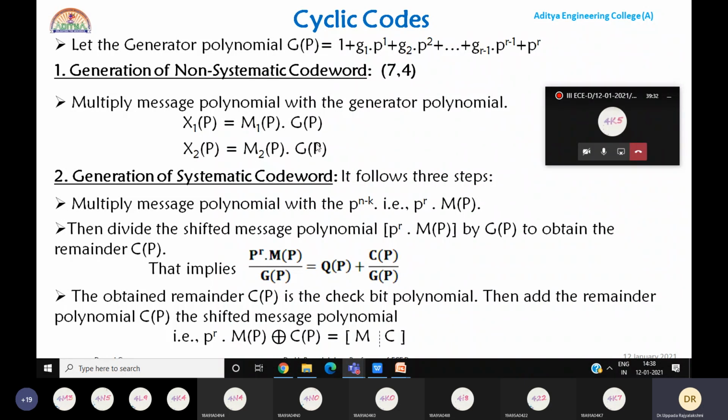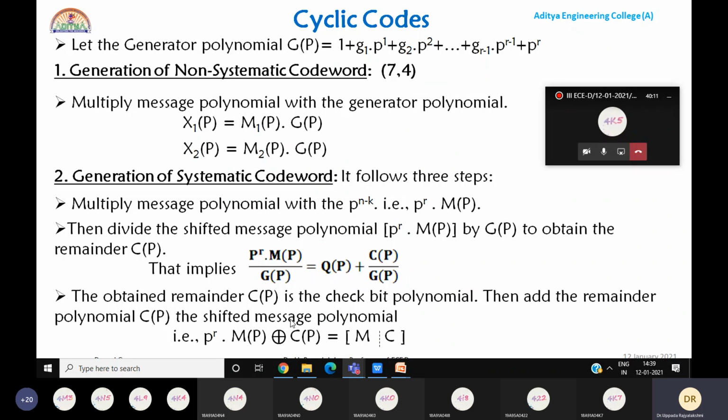In the case of the systematic procedure, first multiply the message polynomial with p power r, then divide it with g of p to get some remainder. The equations are in polynomial form, so in polynomial form only you have to divide. That's why I wrote m of p, where p represents polynomial form. Both the message and the generator are not in matrix form; they are in polynomial form.